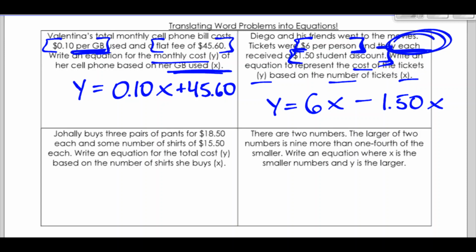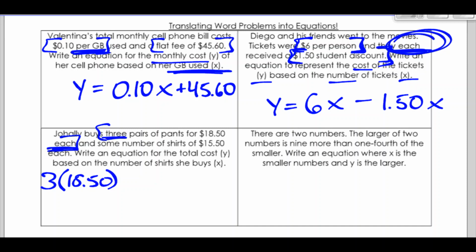Then the next one says, Shahali buys 3 pairs of pants for $18.50. Sorry, they're $18.50 each. That's really important. Actually, I'm just going to start with that. 3 pairs of pants for $18.50 each. There is no x in that part of it. Even though it says that word each, we're multiplying it, but we already know the number that we're multiplying by.